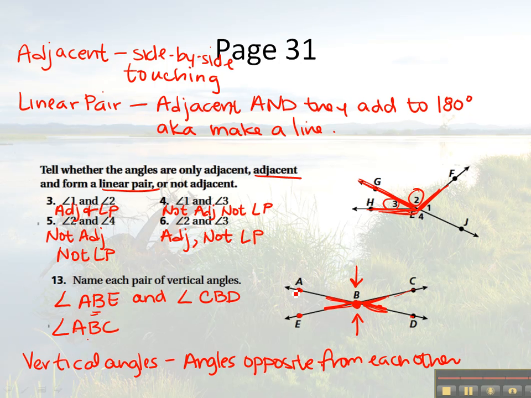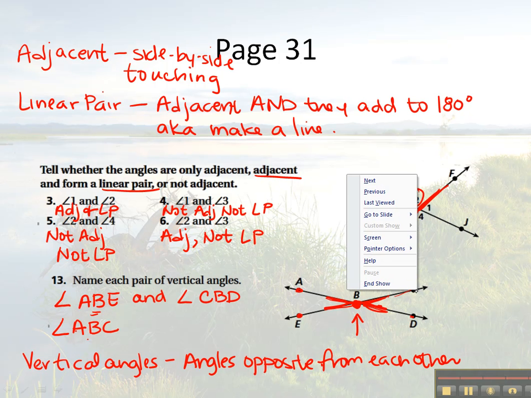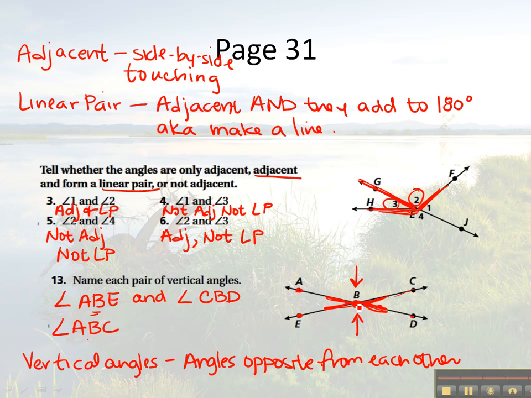So you know ABC because of that last letter, versus ABE because of this last letter. So the last letter tells you which direction to go, if it's this one or this one. So its vertical angle pair would be angle EBD. So that would be the 2 answers on that one.